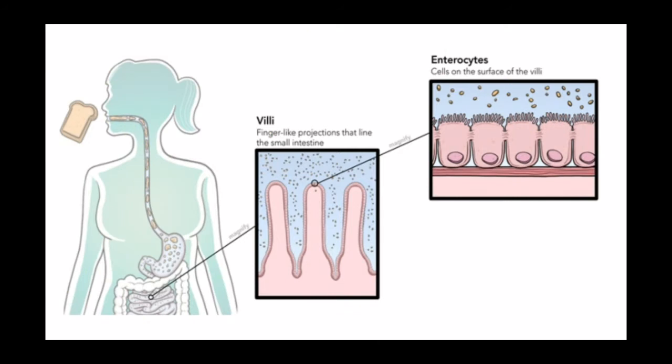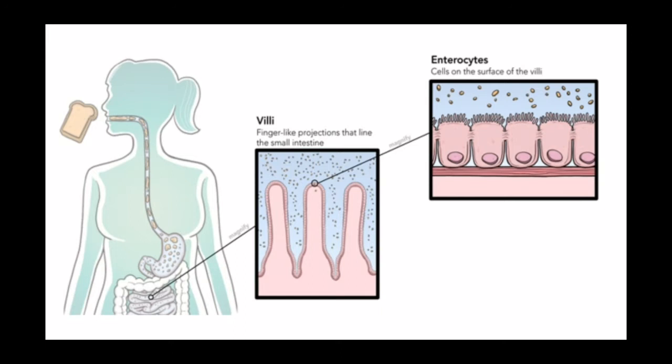So, what actually happens when someone eats gluten? As you can see in the following picture, this girl is eating a slice of bread. Bread contains gluten. So, when a person with celiac disease eats gluten, what actually happens? These undigested gluten particles reach the small intestine.